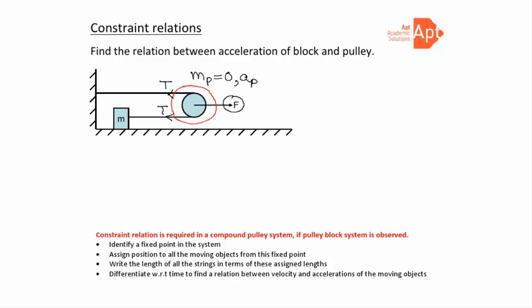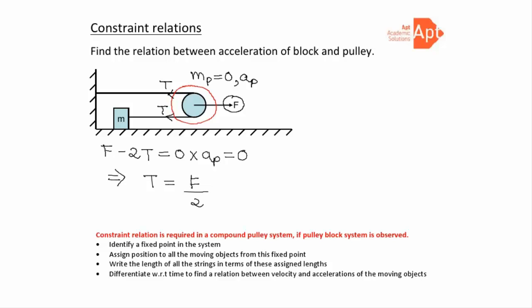So writing the force equation for the pulley, we have F minus 2T is equal to the mass of the pulley, which is 0, multiplied by the acceleration of the pulley, which comes out to be 0. So this implies that the tension T in the string is F by 2.